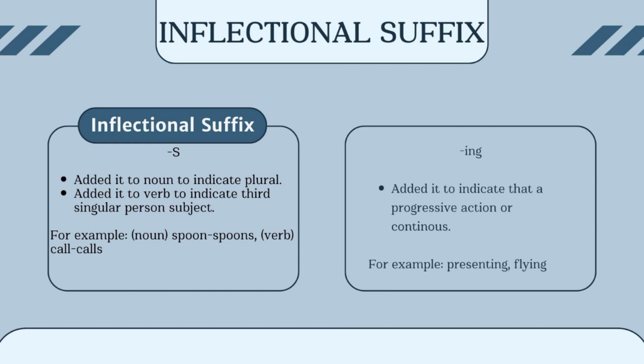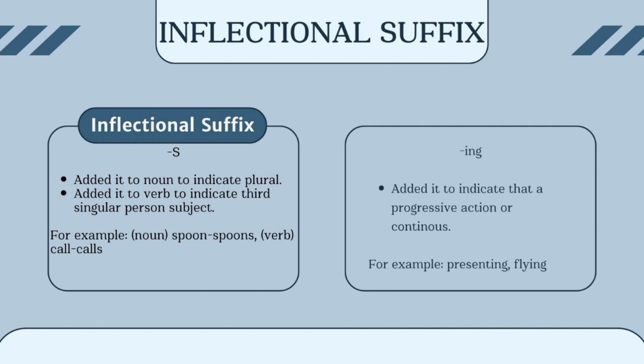If we add the suffix s, it becomes spoons, explaining that there are a lot of spoons. And here we have the verb call, and if we add the suffix, calls means the subject is third person singular, like he, she, or it.